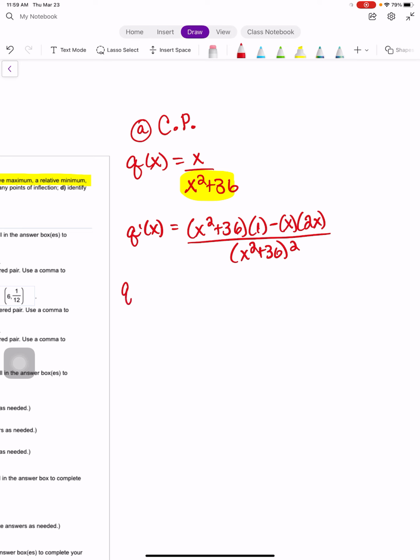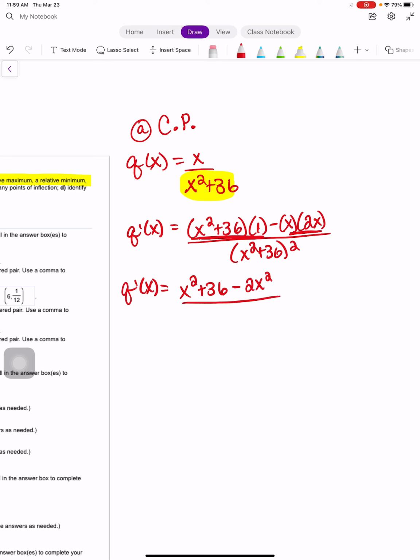So let's simplify this derivative. If I multiply everything I have here in the first part by 1, that gives me x squared plus 36. And then I have minus, and behind that minus sign, I have that 2x squared.